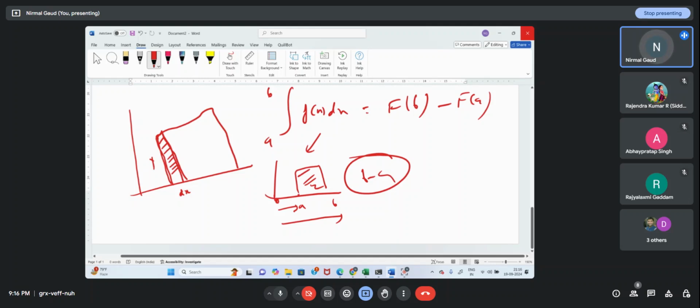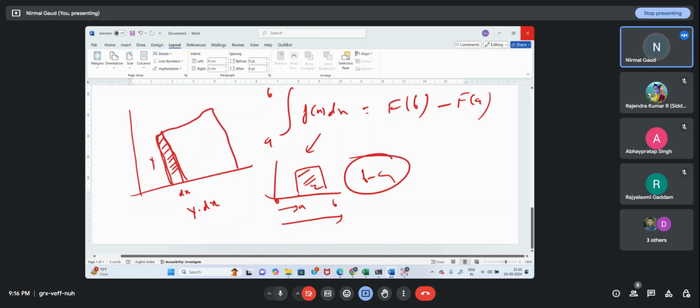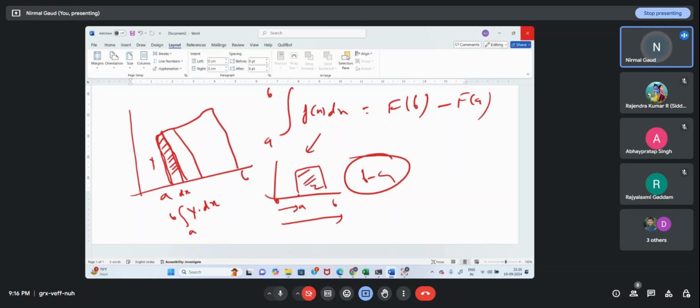So the area of this strip is y dx. And from here to here, you have to calculate the area. That's why I am putting integration from a to b. That means collect all these strips, find the area of all these strips, and later on you combine. That is considering from a to b.